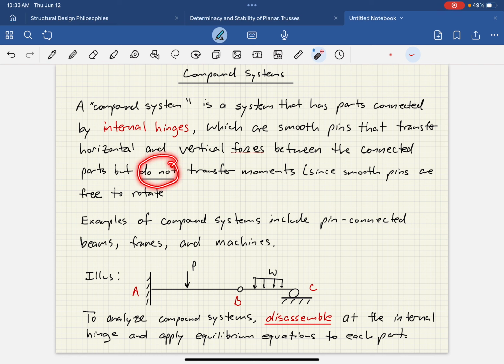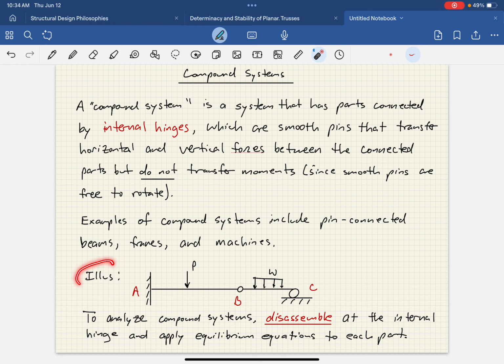They do not transfer moments. And the reason is because smooth pins are free to rotate, okay? So we'll close that parentheses off there. Smooth pins are free to rotate, all right? So examples of compound systems include pin-connected beams, frames, and machines.